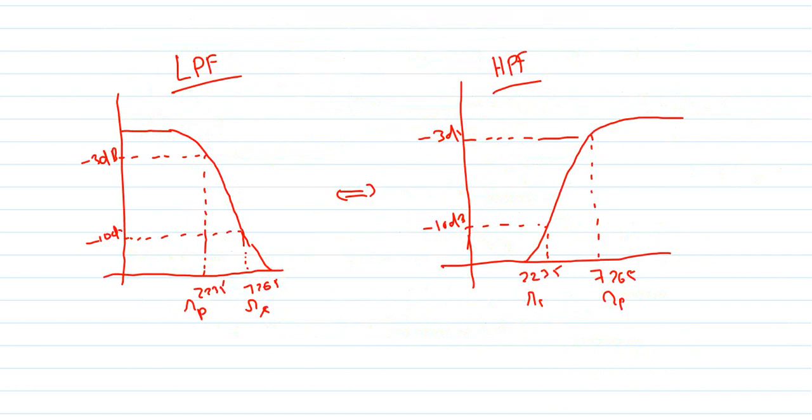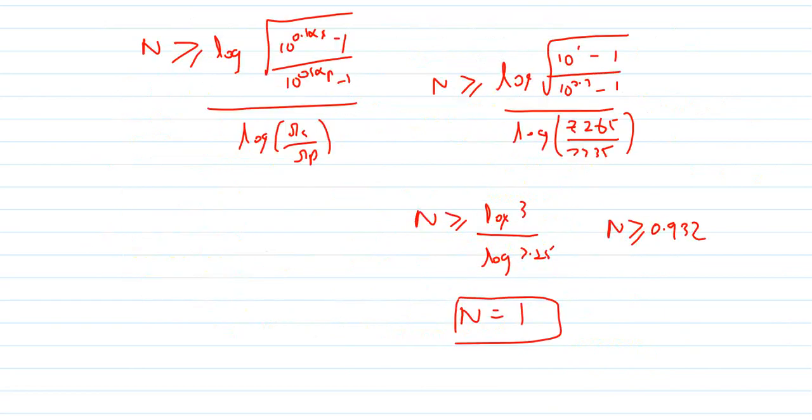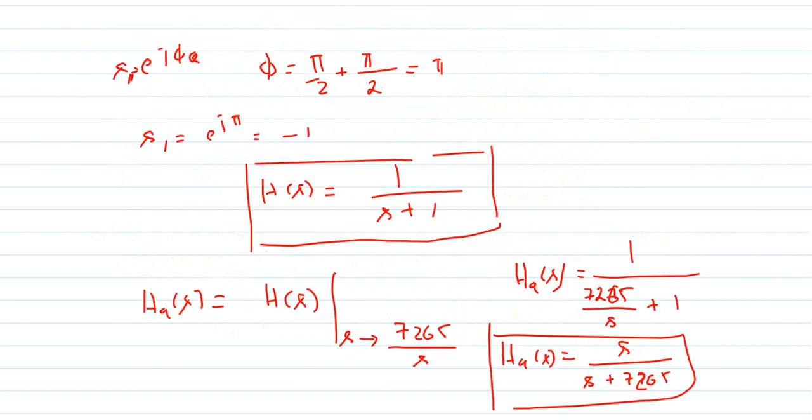To design my high pass filter, first I have to design my low pass filter. Once I start with designing my low pass filter, first I find the order of the filter. I found the order as 1, and based on that I found my normalized transfer function for omega C equal to 1 radian per second. This normalized low pass is transformed into a high pass by using this transformation.